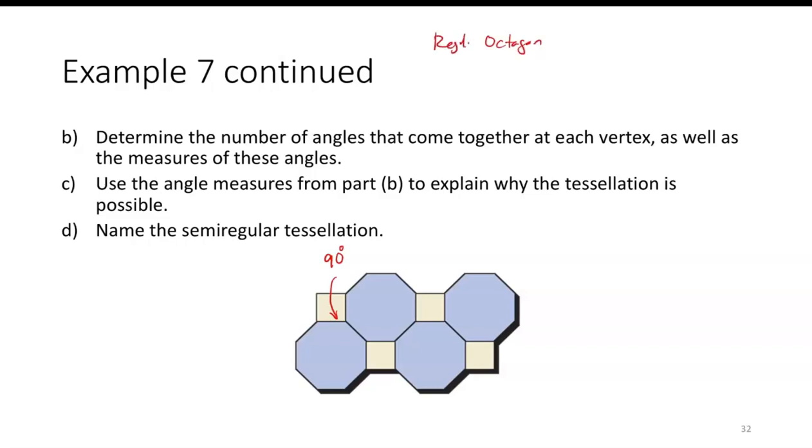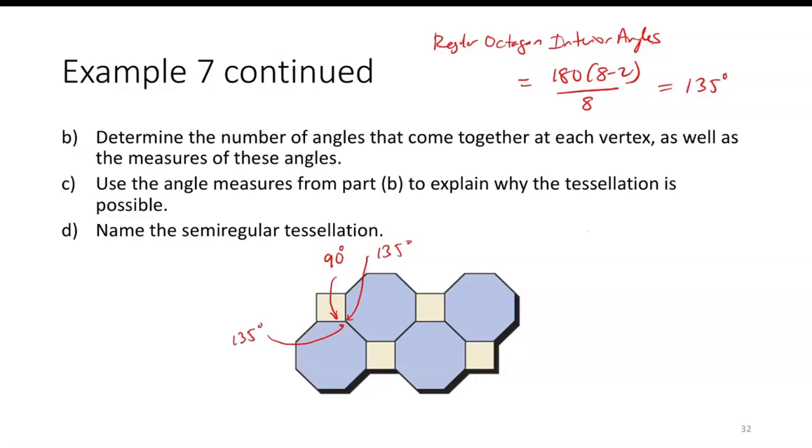regular octagon interior angles. If you recall, that's 180 times n minus 2, so times 8 minus 2, divided by the number of sides. So 180 times 6 over 8, and that comes out to be 135 degrees. So this angle right here is 135, and this angle here is 135.